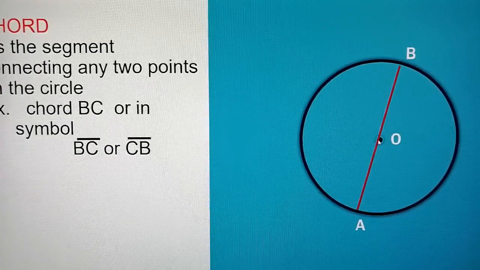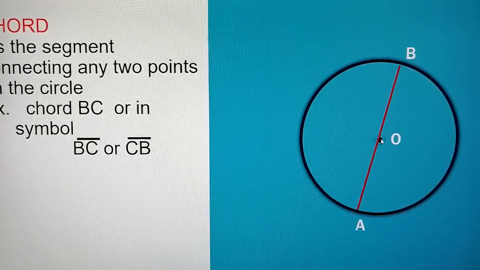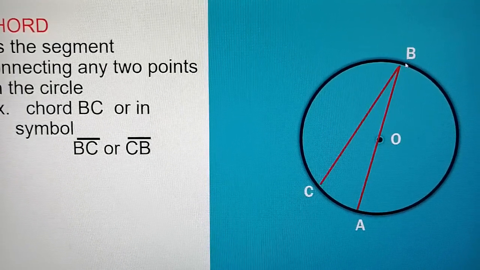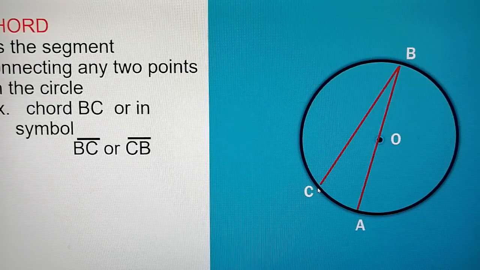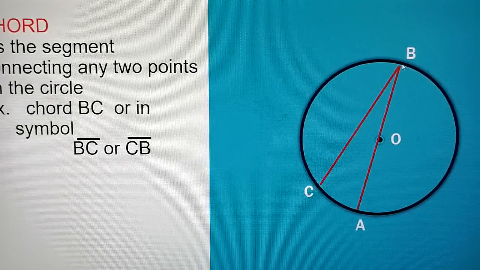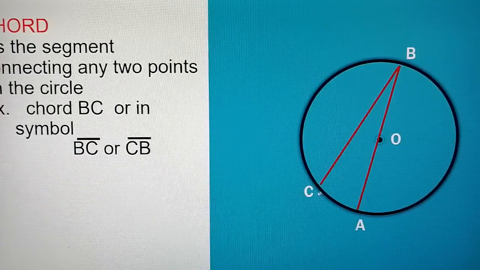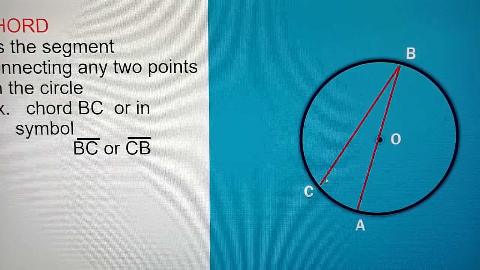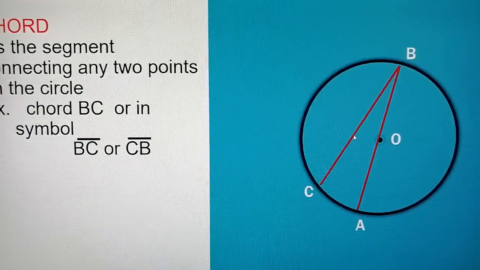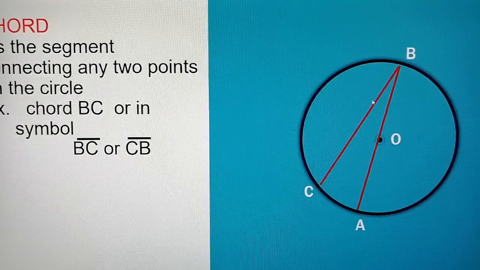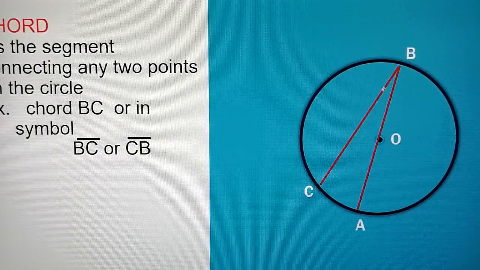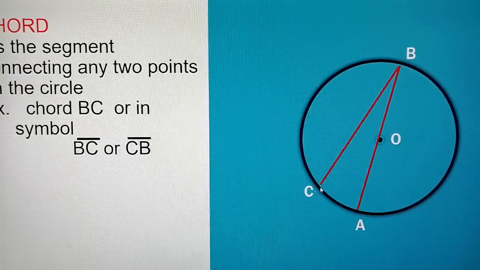It is a diameter because it passes through the center of the circle. But if you have another point on the circle, point C, the segment connecting point B and point C is what you call a chord. But it is not a diameter because it does not pass through the center. So here we have chord BC or segment BC, which can also be named as segment CB.